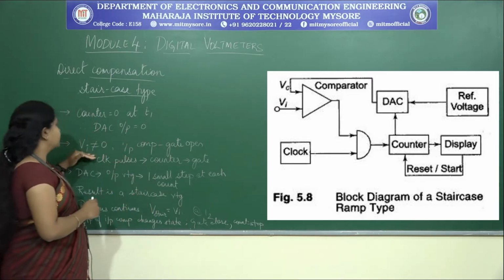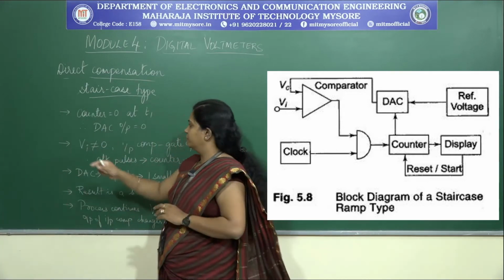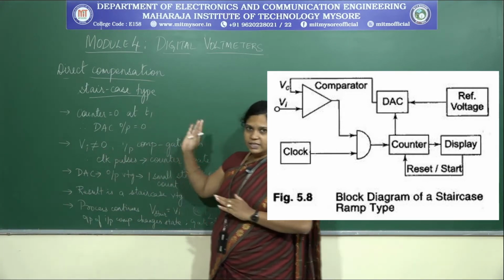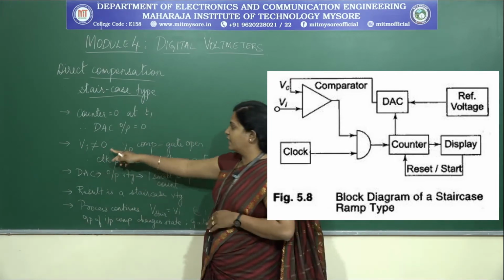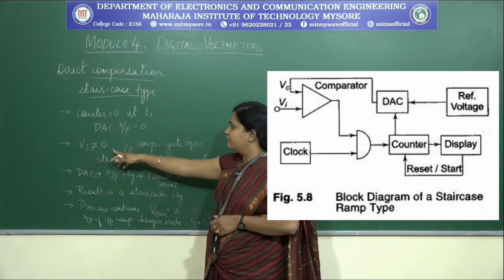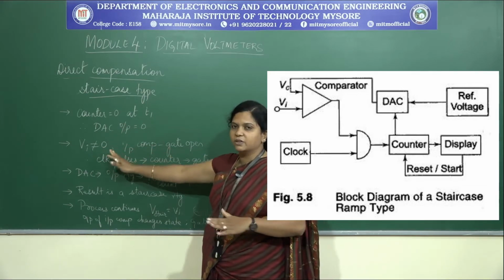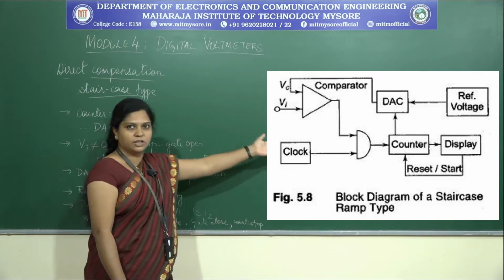Fine. Next, we continuously use an input comparator to find out whether the input voltage is not equal to 0. If it is equal to 0, the input comparator will not give any pulses to the gate.